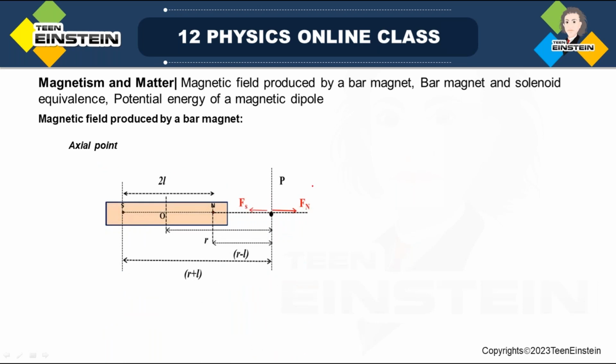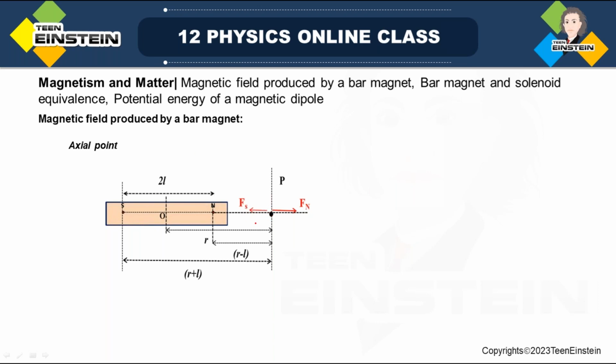Let's recap. Suppose this is a bar magnet whose length is 2l, as you see from here. At any axial point P, we have to calculate the magnetic field due to this bar magnet.